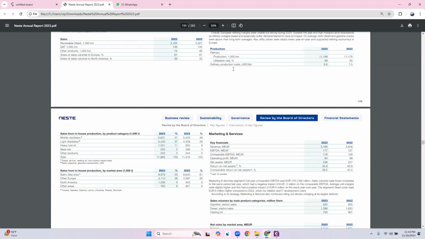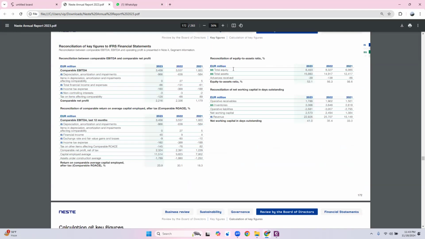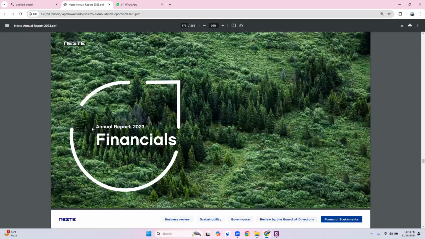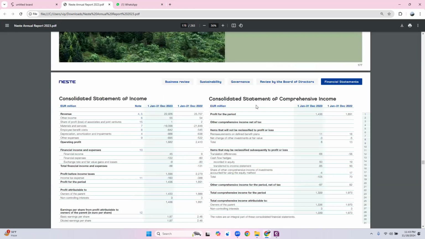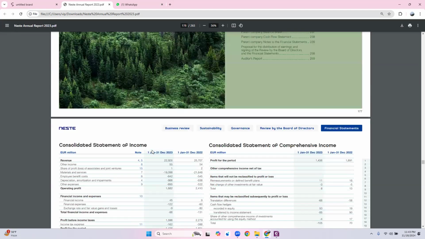This is the annual report of Nestle. Only after this page, the financial statements have been included. After this page, the things that have been audited by the auditors have been included, right? The statement of profit and loss, the statement of comprehensive income, the statement of financial position, the cash flow, the changes in equity. These have been audited by the financial auditors, correct?